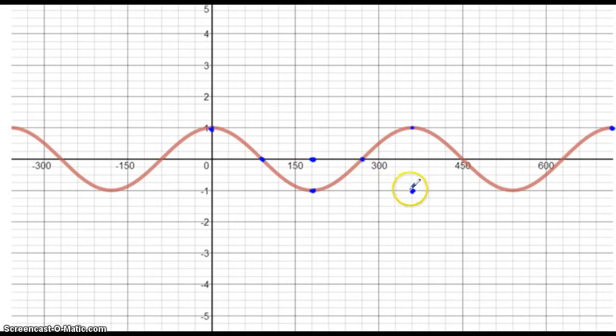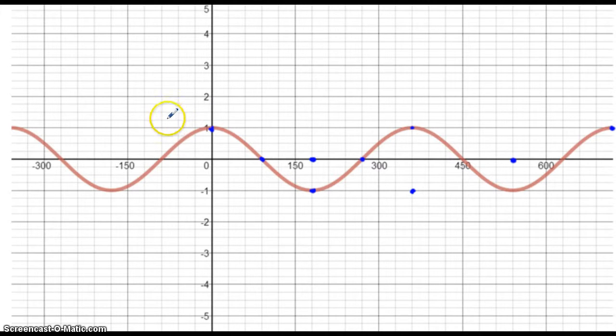So halfway between 360 and 720 is 540 degrees. Another way to determine the location of these points is to just double the locations of our old 5 key points, since our period has been doubled from 360 to 720.